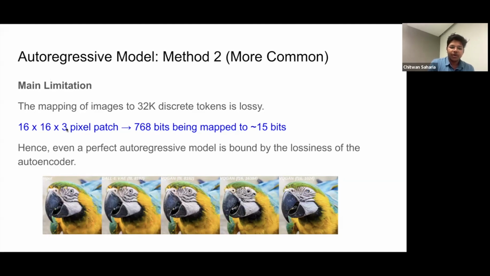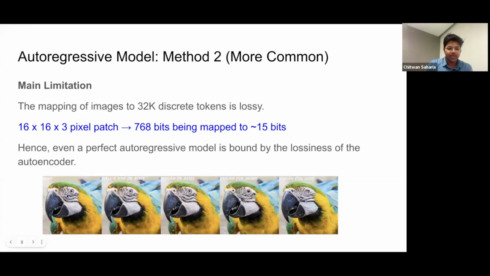Generally what we end up finding is that this compression leads to imperfect reconstruction of images. This encoding is an upper bound on how good our generative model can be, because even a perfect autoregressive model can only do a perfect mapping in this constrained latent space, and the decoder, when it reconstructs the image, will do a bad job at it.